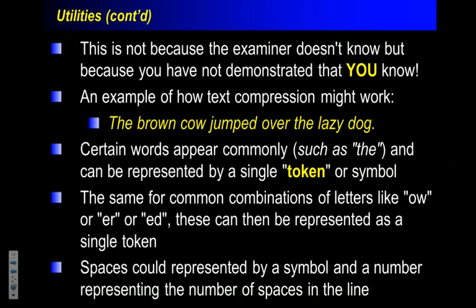So here's an example of how text compression would work. Okay? So let's say you had this sentence, the brown cow jumped over the lazy dog. Certain words, like the word the, can be represented by a single token. Rather than store THE, it could go, oh, I'm just going to store this token for the word the. And imagine this was an entire essay. It could just say, oh, you need the word the 70 times.